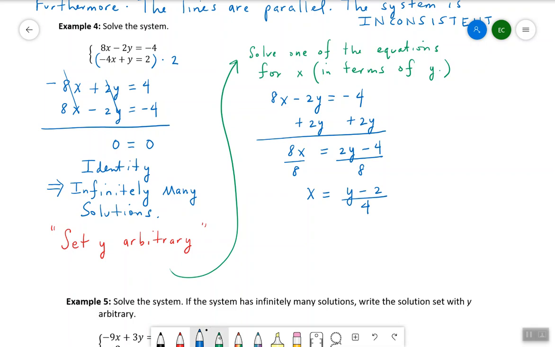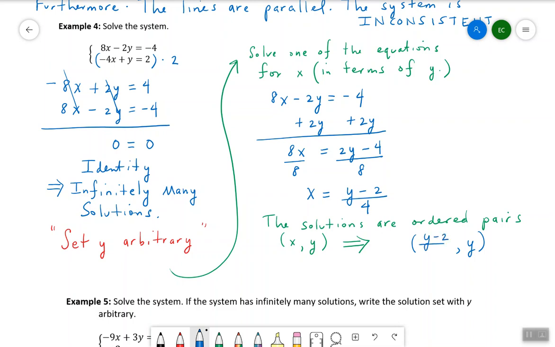And so then the solutions are ordered pairs. And the way we're going to write them is, instead of x, y, well, y is fine because y is arbitrary, but then x is the same as y minus 2 over 4.